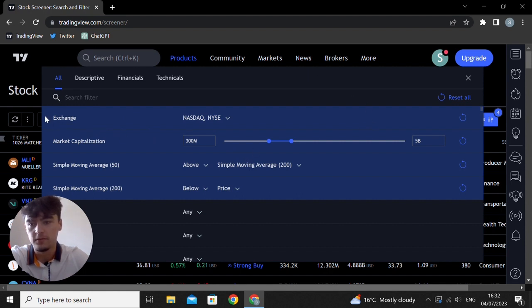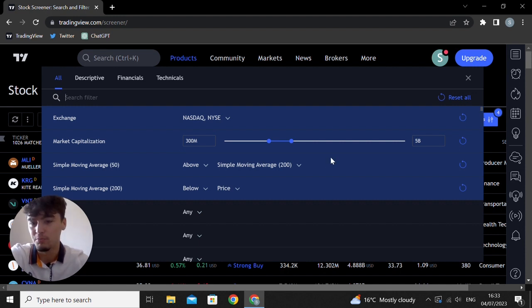I have 4 filters. The exchange, obviously we're going to go for the US exchanges. Market cap, I like to go for between 300 million and 5 billion. I just think that a lot of the stocks in these market caps, you see a lot more stage 2s compared to in the hundreds of billions.